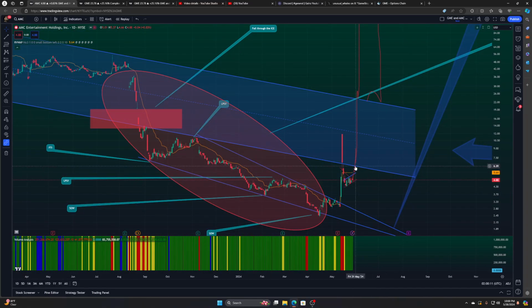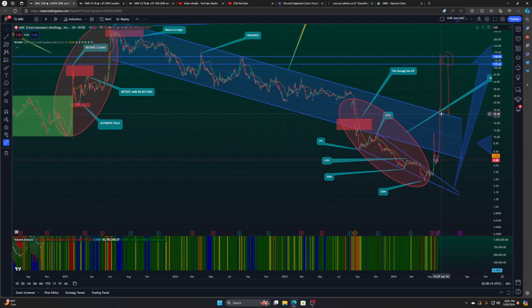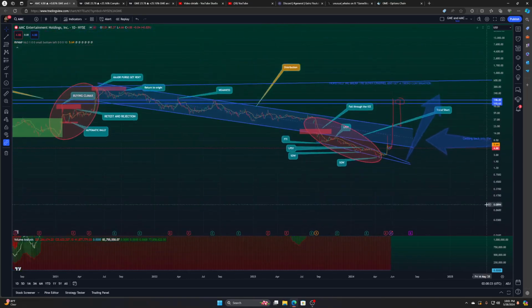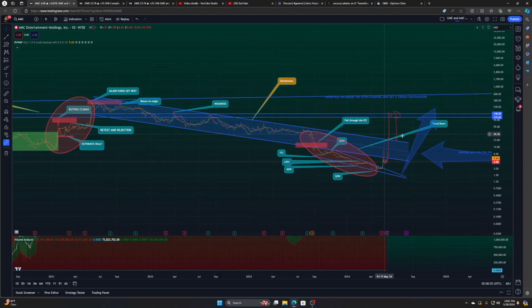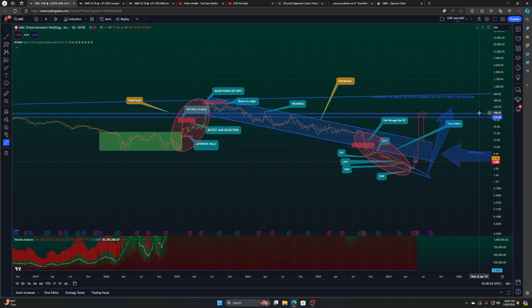So the channel is sitting around $6 to $7. We need to retest this and then move up to the top of the channel and use that as support at around $20 to $23, depending how long it takes to get there. Once this happens, again, in my previous videos, we went over this horizontal level.